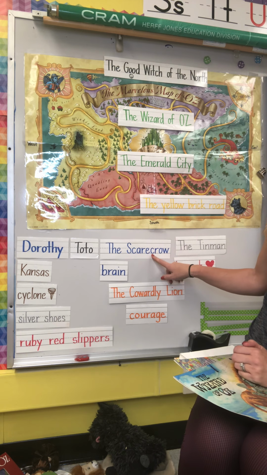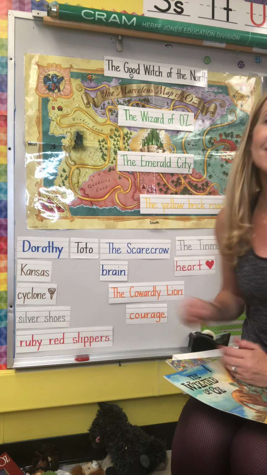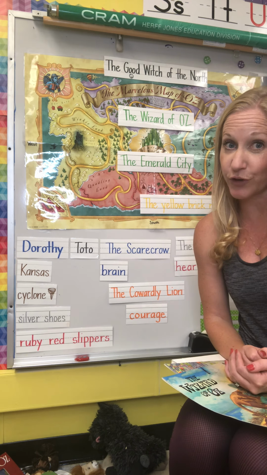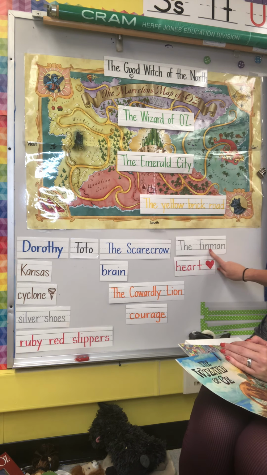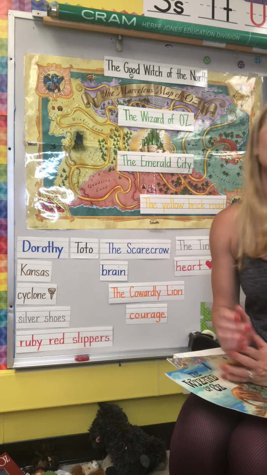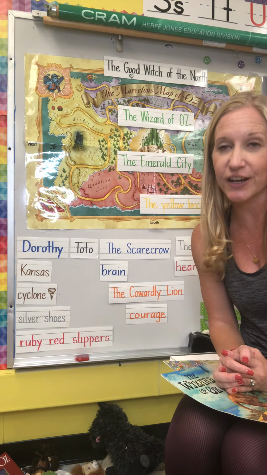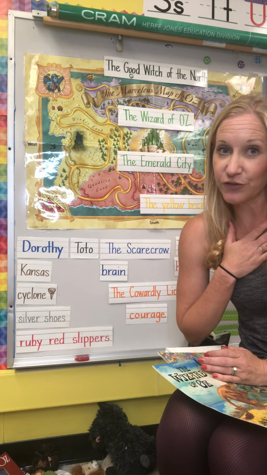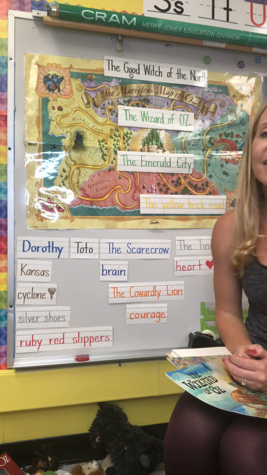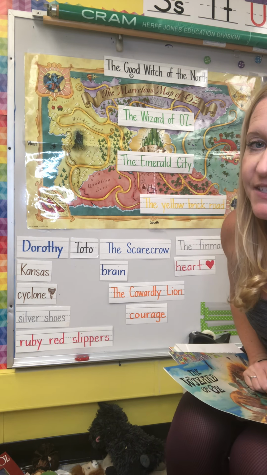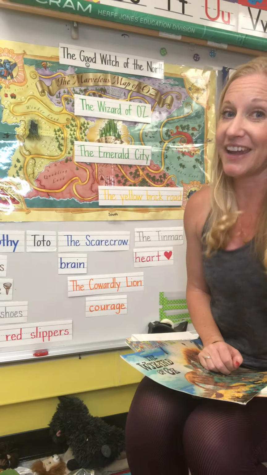Then we met the Scarecrow, and he's decided that he wants to ask Oz for a brain. Then we met the Tin Man, and he decided that he'd had brains and a heart, and he really wanted to ask for a heart. And then in the last chapter, we happened to meet the Cowardly Lion.